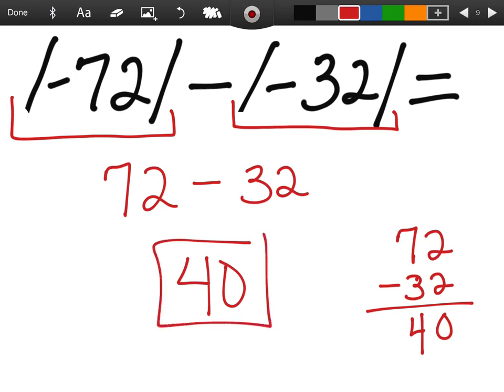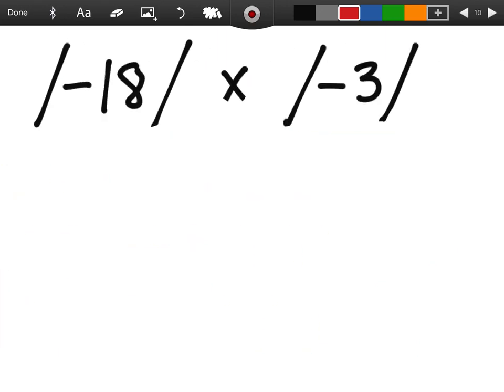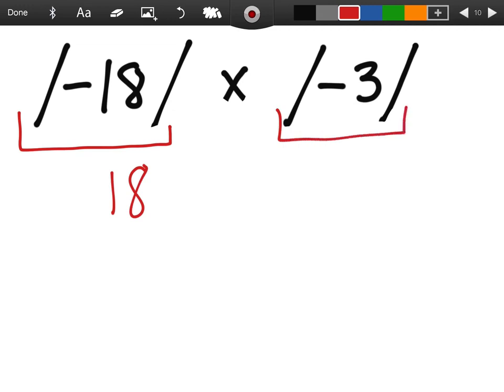Okay? Let's do something else. We've done addition. We've done subtraction. Let's try multiplication. The absolute value of negative 18 times the absolute value of negative 3. Okay, so let's look at it. Absolute value of negative 18 is 18. Absolute value of negative 3 is 3.